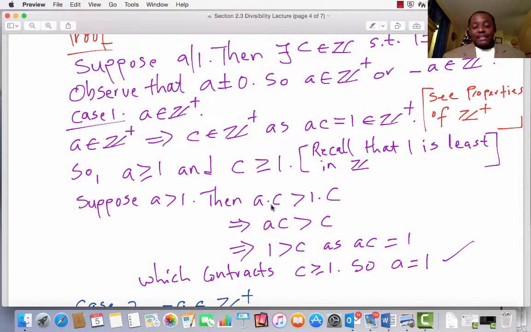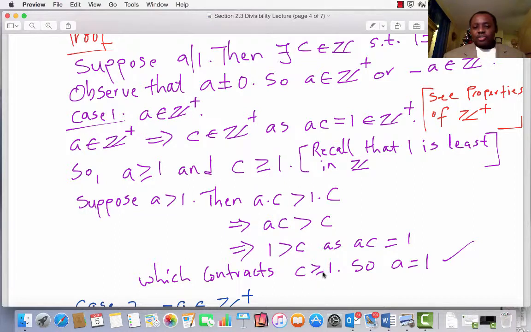So a times c is strictly greater than 1 times c, i.e. ac is greater than c. But what is ac? ac is the number 1. So that means 1 is strictly greater than c. Wait a minute. That contradicts the fact that c has to be greater than or equal to 1.